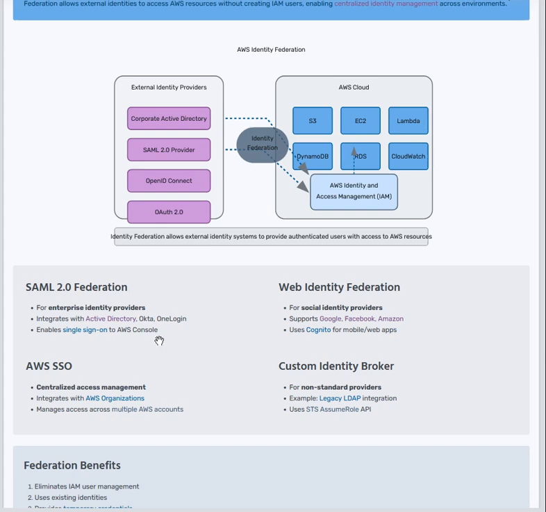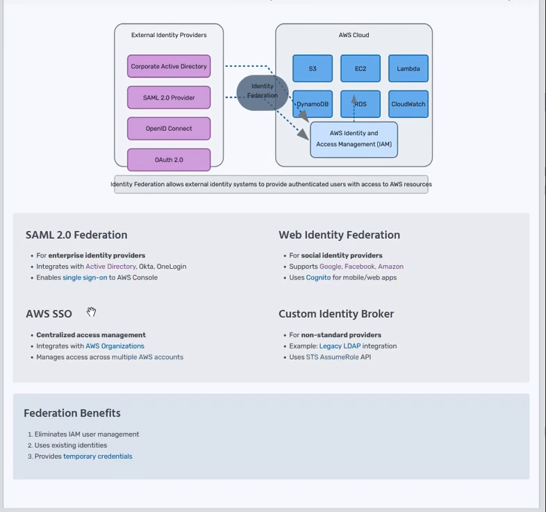Then AWS SSO, single sign-on, provides centralized access management, integrated with AWS Organizations, and manages access across multiple AWS accounts, right? So this one can be used across multiple AWS accounts.